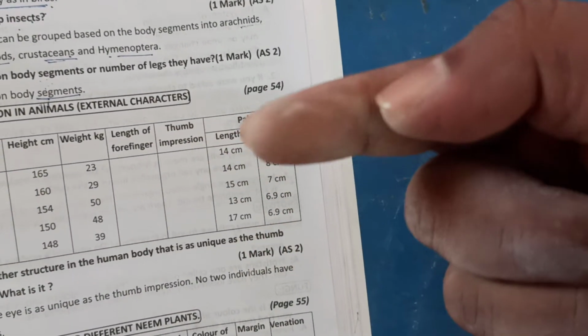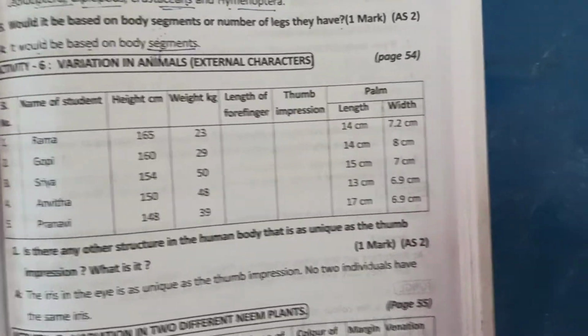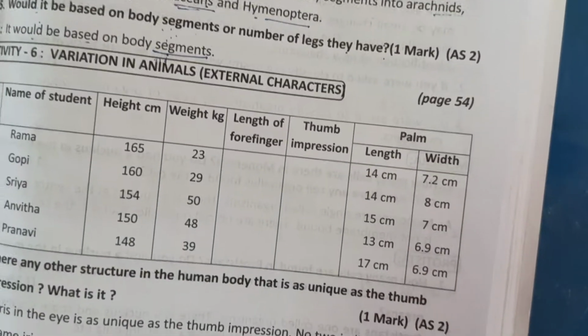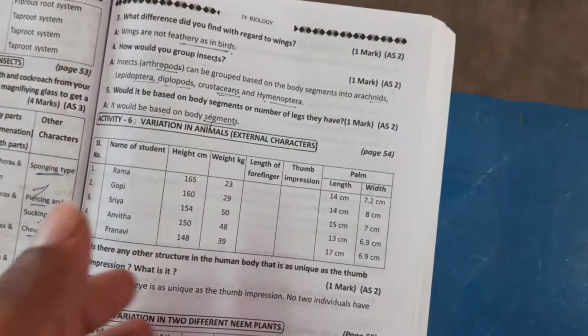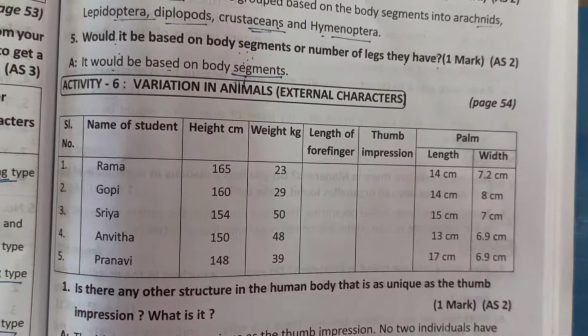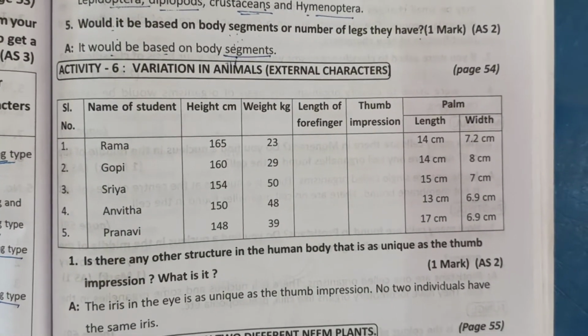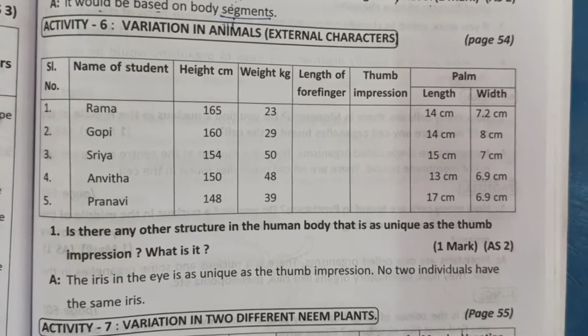Likewise the thumb impression, and then the palm length and width. All these columns are very interesting for learning how human beings vary from one person to another, even in the case of twins.